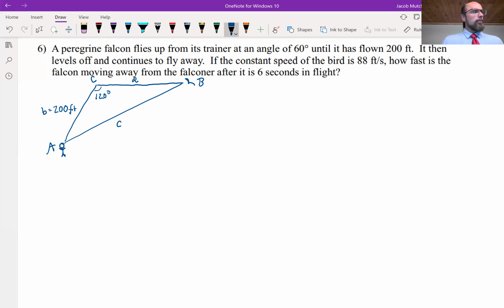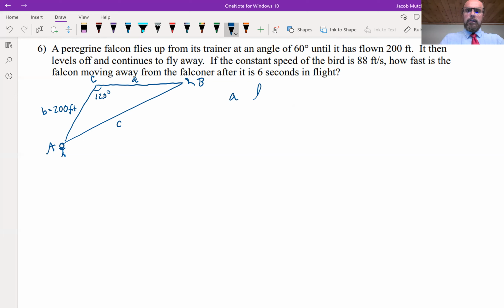So at that point, we probably should label some of our variables. I'm really having two variables here. It's that distance A, so the length of level flight there.